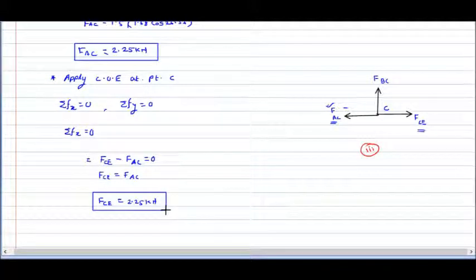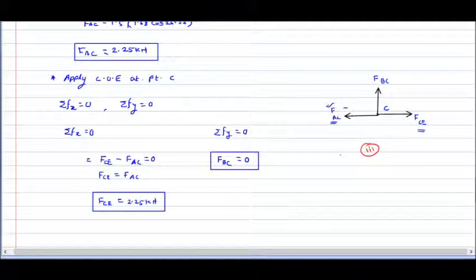Then the condition for the sum of all forces in the y direction equal to 0: in the y direction only one force is there, force in member BC, so that is equal to 0. So this is another value we got here. So from this point we got force in member CE and force in member BC. So this is our third figure.